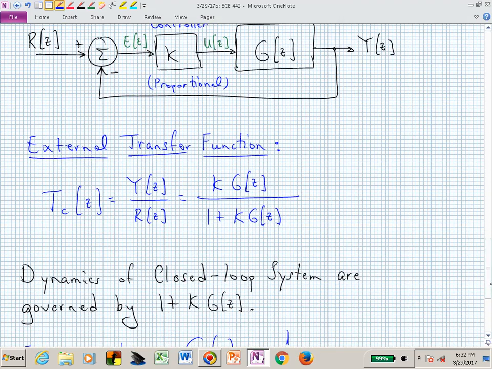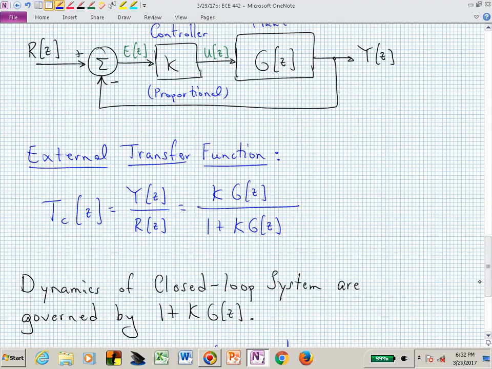But the dynamics of this closed-loop system are influenced by the denominator piece of T sub C of Z, and the denominator piece is governed by 1 plus KG of Z in that expression. So we are interested in manipulating 1 plus KG of Z, or the zeros of that, by adjusting K, the proportional gain.